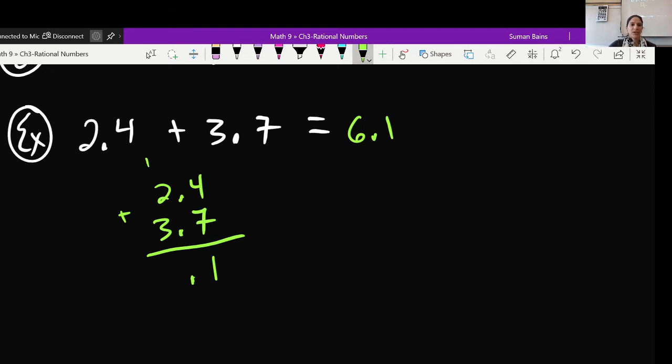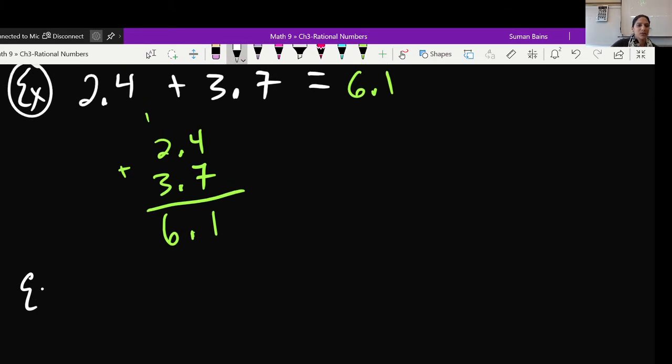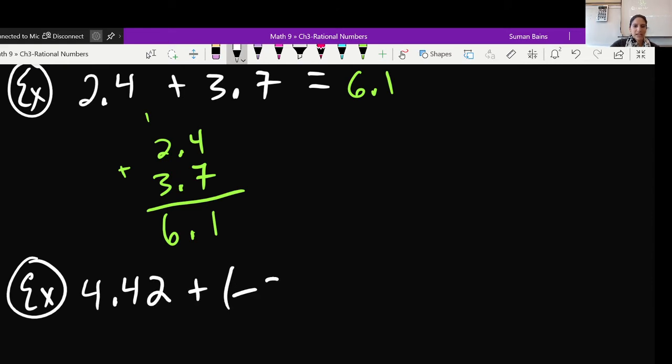And then 3, 4, 5, 6, you can see where that is coming from, right? If you're looking to see how you would work your way through it, that's how we would. And then let's say we have something like 4.42 plus negative 2.71 equals.